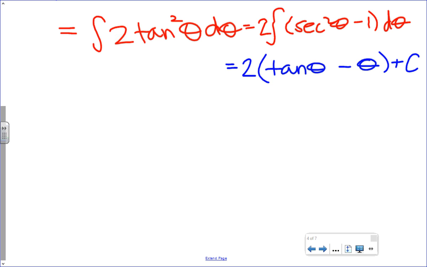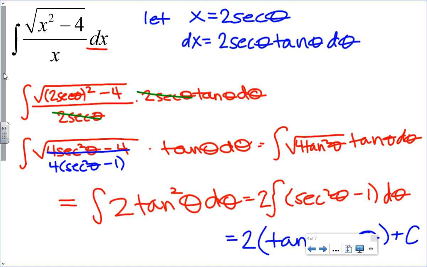Now here is where we're going to need to draw the triangle. You don't want to solve for theta and plug it into tangent theta. Draw a right triangle, you have a theta. What do you know about theta?